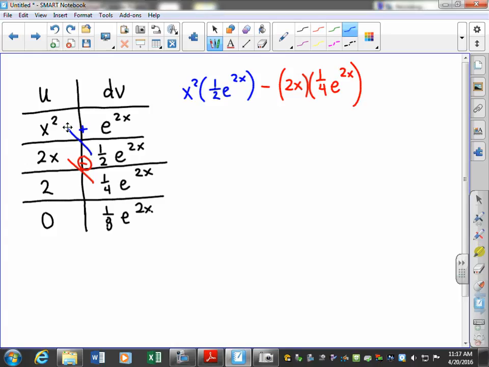And then we go again. That one's plus. Remember, we're going to alternate there. So plus 2 times 1/8 e to the 2x. Now, well, let's just simplify this. This term stays the same.